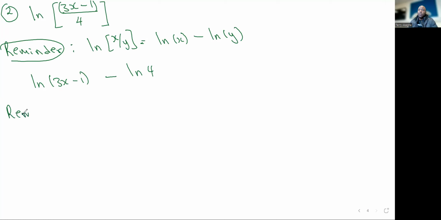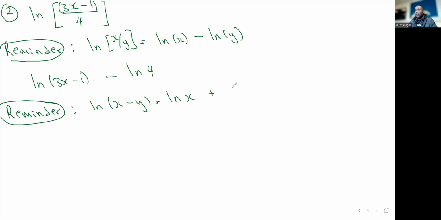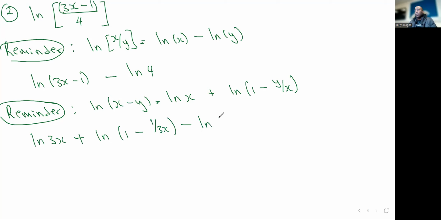I've told you before that the subtraction law is ln(x - y) equals ln x plus ln(1 - y/x). All this here is the x, and all this here is the y. So it gives us ln(3x) plus ln(1 - 1/(3x)) minus ln 4.